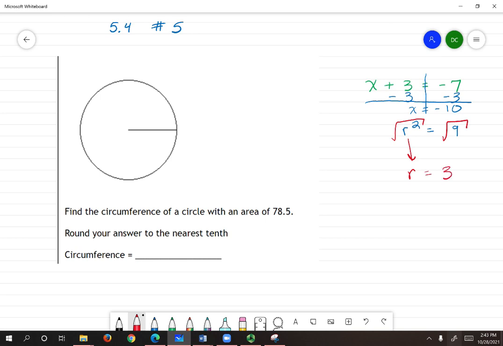Likewise, if I had something like the square root of x equals 7, then what would I do? What is the inverse operation of that? It's squaring, because the square root squared of x squared is just x.